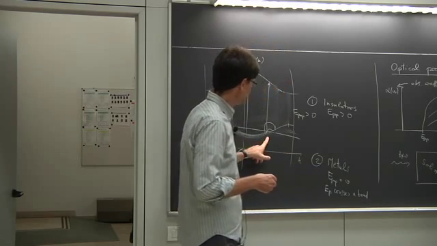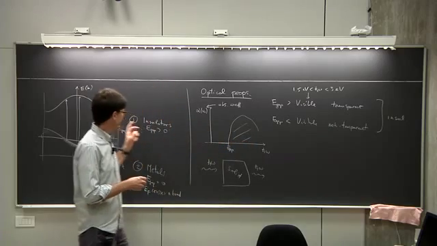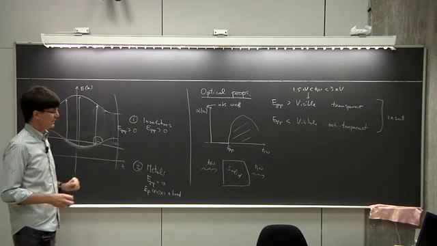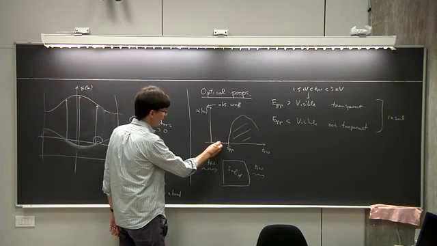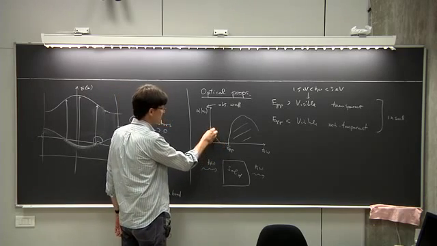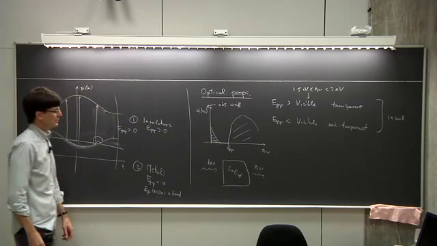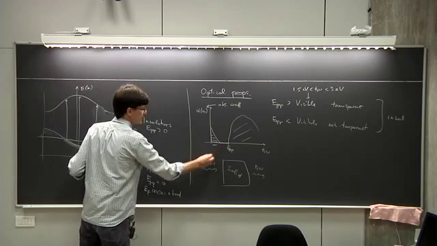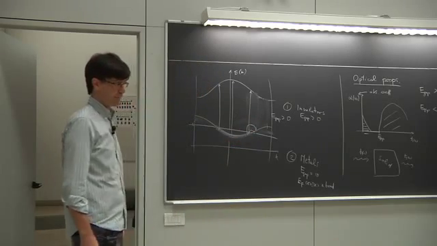Okay, so the consequence is that in a metal, in addition to the vertical excitations that you would expect based on the zeroth order approximation to the theory, you also have here at low frequencies a shoulder that is due to processes taking place at low energies, that is, within the same band. Okay?